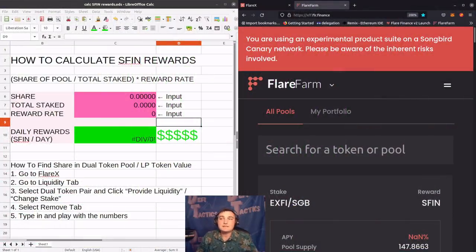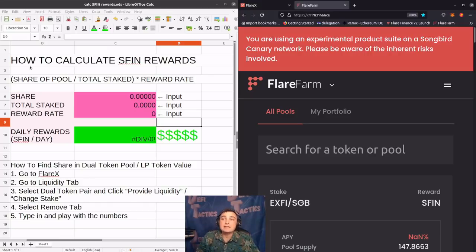So on the left-hand side of the screen, I have this little Excel spreadsheet. And on the right-hand side, I've got FlareFarm and FlareX pulled up on two tabs in my browser. I want to highlight the actual formula that we're going to be using in order to figure out our daily rewards and the portion of our daily rewards from these farm pools.